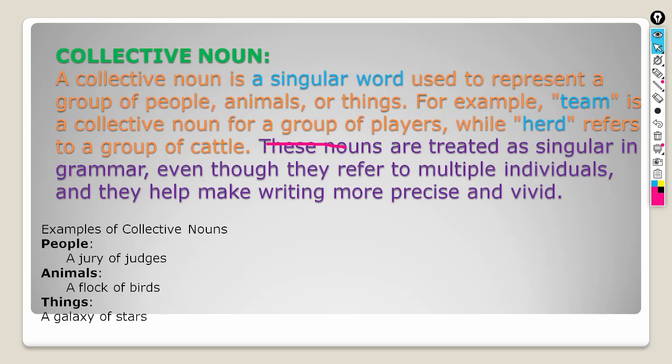The word flock actually represents or stands for a cluster, a group. Again, in the case of a thing, a galaxy of stars. The word galaxy actually stands for the collection of stars.